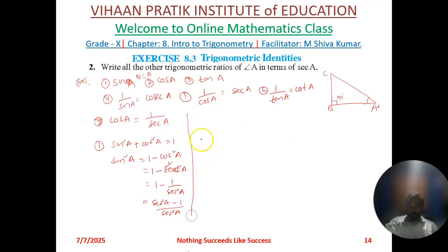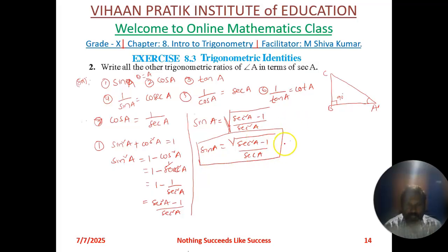When we apply square roots on both sides, we'll get sine A equals square root of secant square A minus 1, divided by, since this secant square is also under the square root, when we take the denominator out of the root, secant A. So this is sine A in terms of secant A.